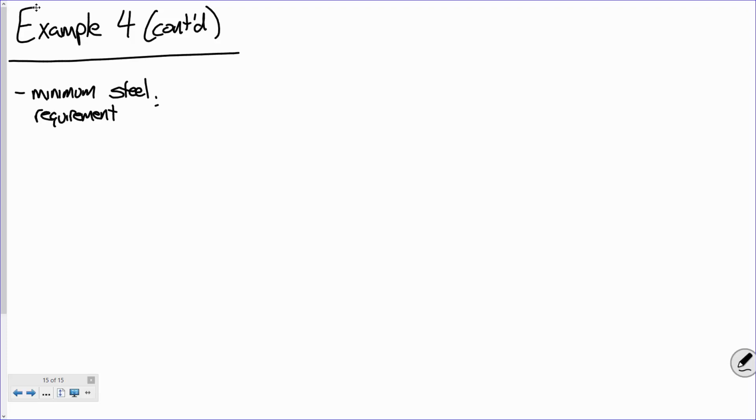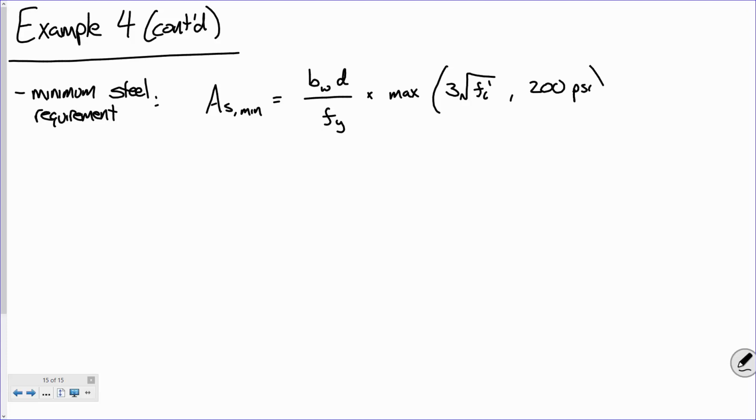Okay, our minimum steel requirement says that the minimum steel that we must provide is equal to bw d over fy times the maximum of 3 times the square root of fc prime, or 200 psi. That's just our model that ACI applies. It's not bad. I'm going to start off by evaluating 3 square root of fc prime.